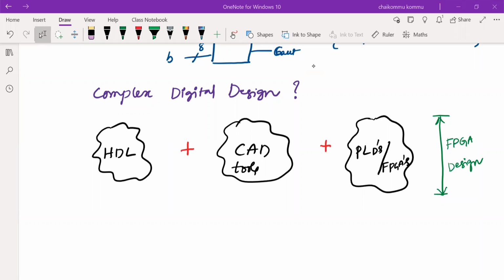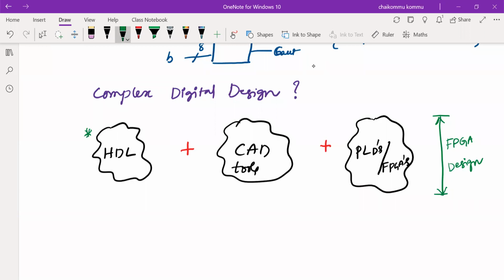Once you know this language, it is possible to take up projects in your final year. There is also a lab. In this particular class, I'm not going to talk about the CAD and lab information, but if time permits, we are mainly focusing on hardware description languages only. How can we write a digital circuit in the form of a language? That is what we focus on mainly in this course.